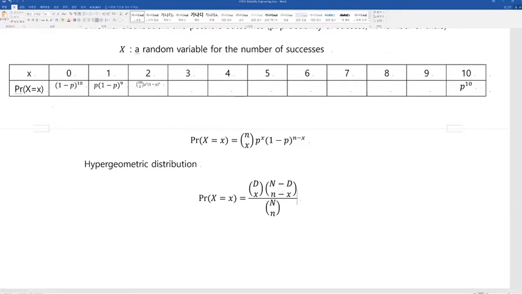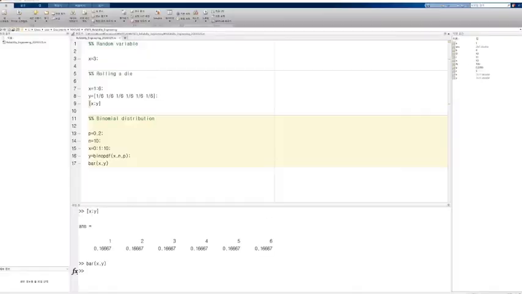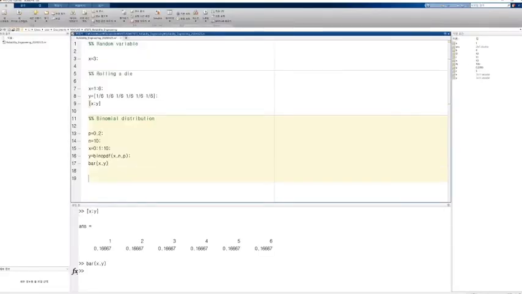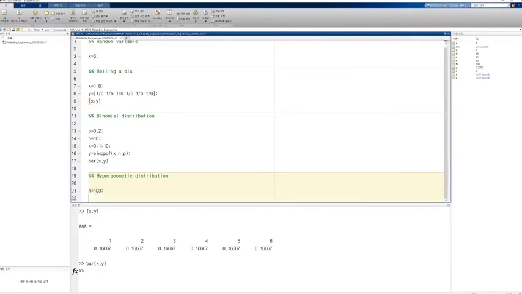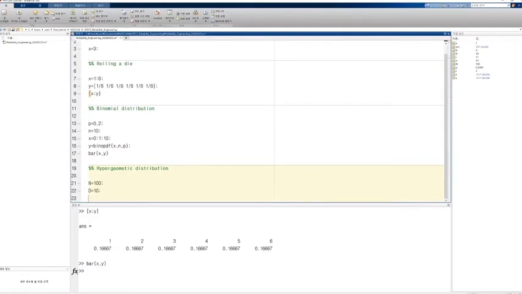Of course, in MATLAB we have the function for the hypergeometric distribution. For example, if we have 100 items, out of that we have 10 items of interest.